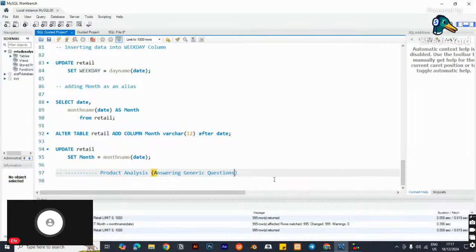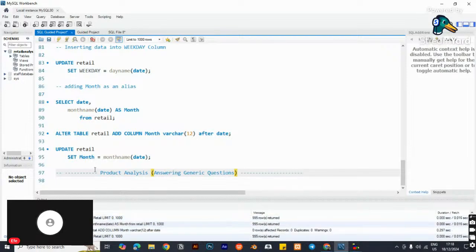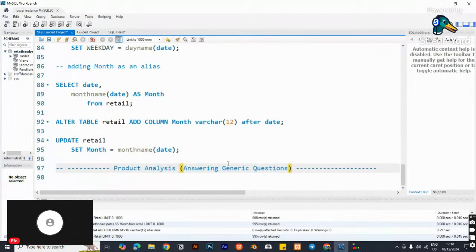When you hear the word generic questions, these are questions that will involve, if you see a sales data set for example, you can't see a sales data set and not ask questions regarding the product, regarding revenue, regarding sales, regarding profit. That's what we mean by generic questions.